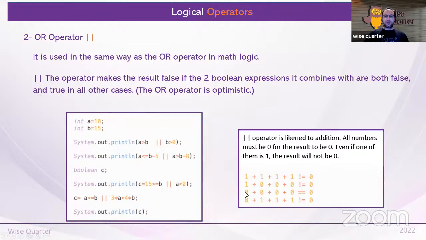Zero does not change anything. If there is one number higher than 0, still at the end the result will be higher than 0. It won't be 0. We can use a lot of 0, but plus 1 will change the result. It won't be 0 anymore. Okay.